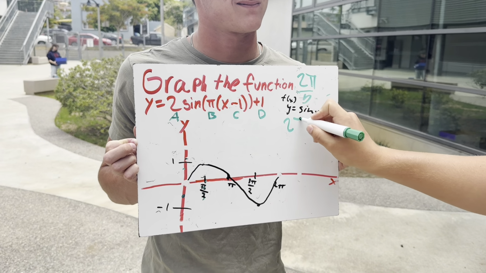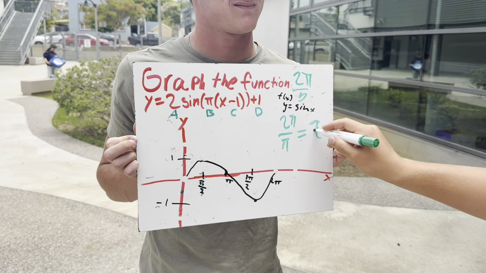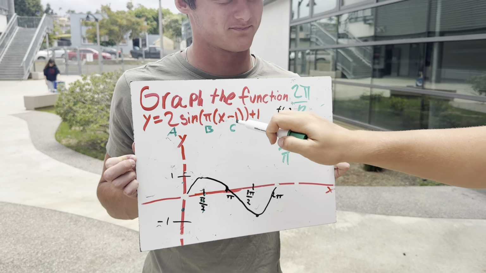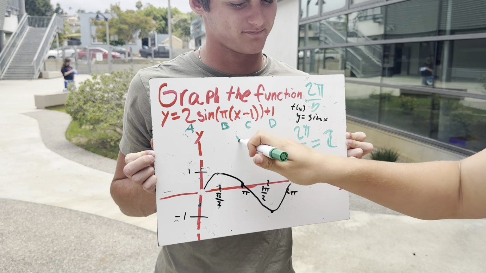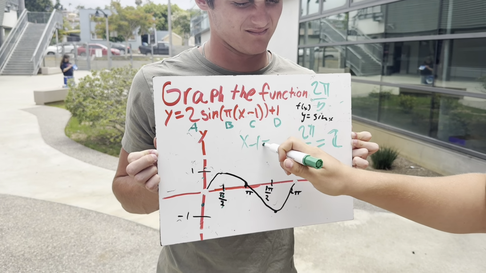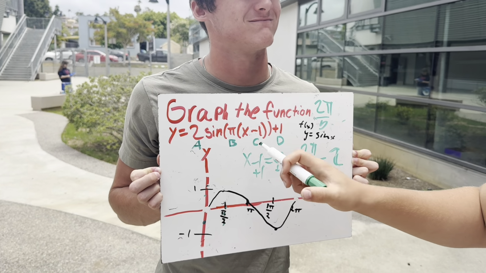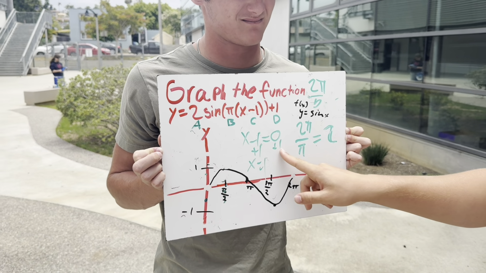So it's going to be 2 pi over pi, which is equal to 2. So that is our period. Now we're going to look at our horizontal shift, which is x minus 1. So you set it equal to 0, and then get x by itself, so x equals 1. So that is our shift.